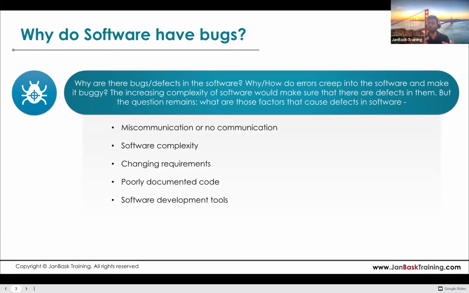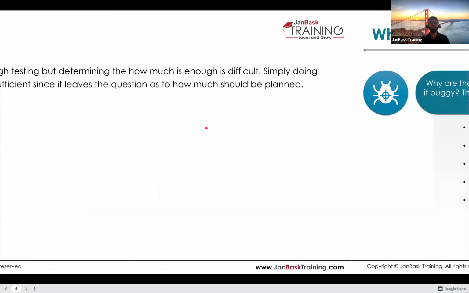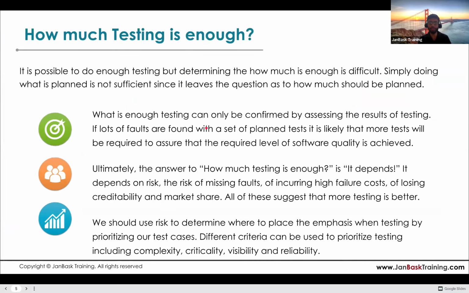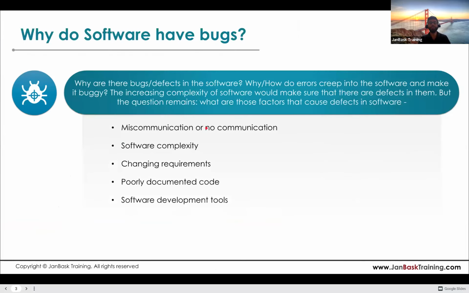And if those modules are being developed by different teams, there could be a possibility that miscommunication is happening between those teams. It could be a reason as well, and due to the miscommunication between those different teams, that could be the source of the bug being present in that software, right?